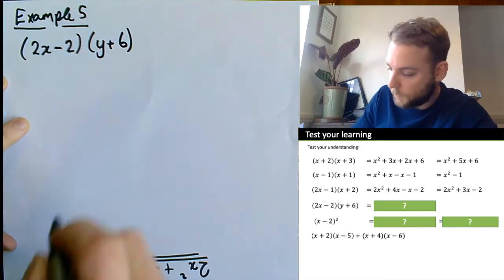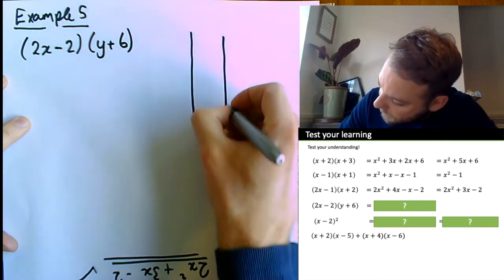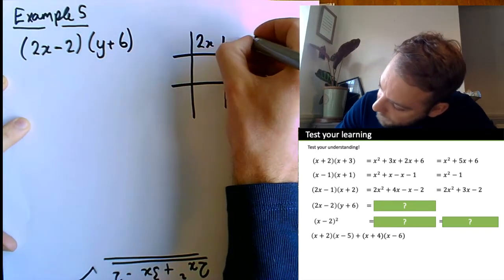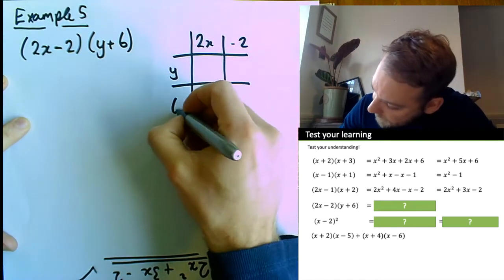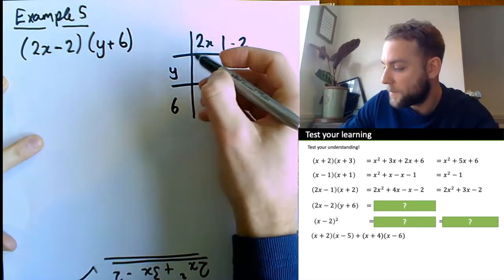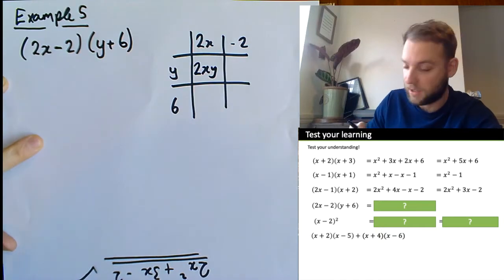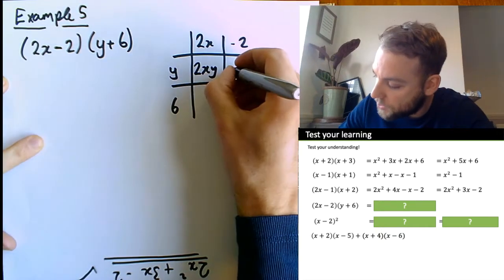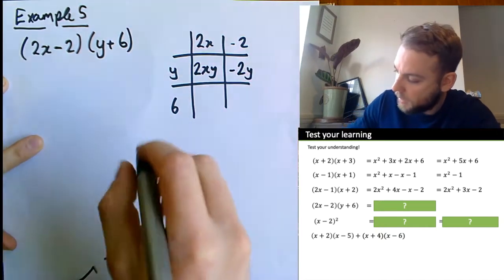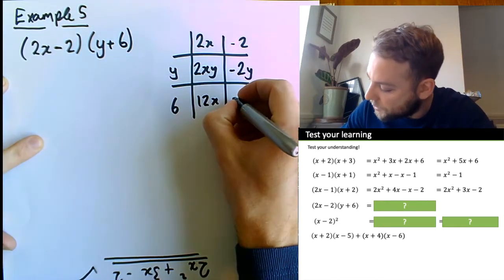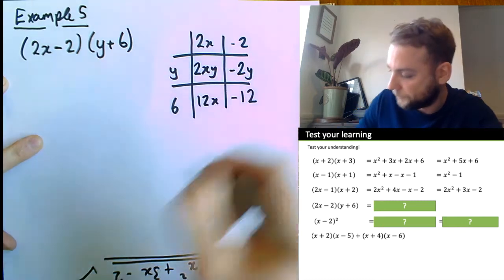So with this one, I draw out my grid. 2x minus 2, y, and 6. So 2x times by y is 2xy. There's nothing I can do with that, so I'll just leave it like that. Y times minus 2 is minus 2y. 6 times 2x is equal to 12x, and 6 times minus 2 is equal to minus 12.